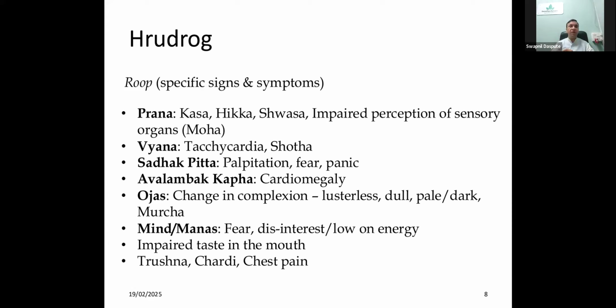The strength of the muscles will reduce, they will become weak, and then the size of the heart will automatically increase. That is called cardiomegaly. The size of the heart increases due to the laxity or weakness in the muscles of the heart. Okay, so that is the function of the avalambaka kapha, to hold it together.